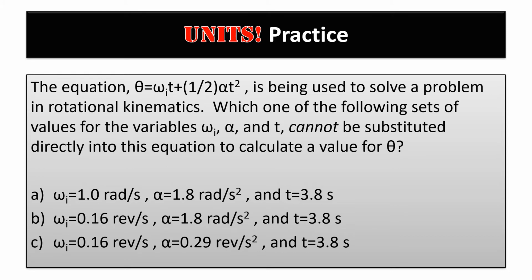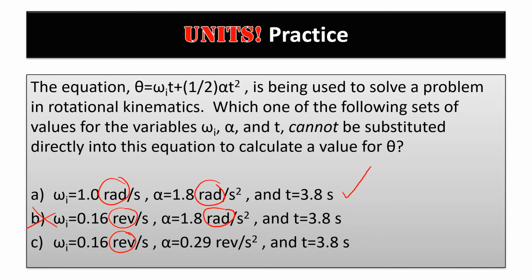Well, I'm looking at radians, radians. Okay, that's looking good. I'm looking at revolutions, and this is radians. Those do not agree. I'll probably convert this into radians per second before I do anything else.